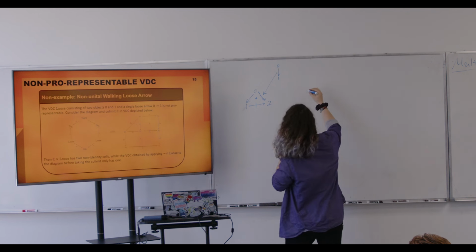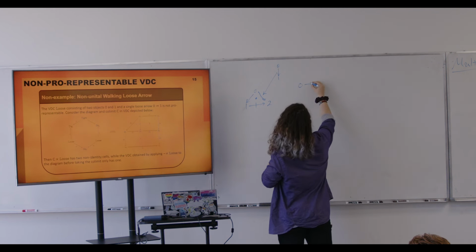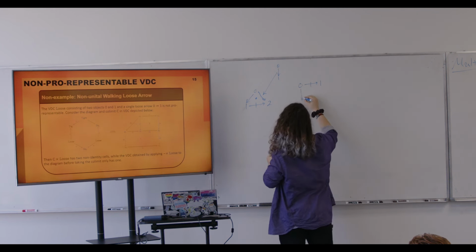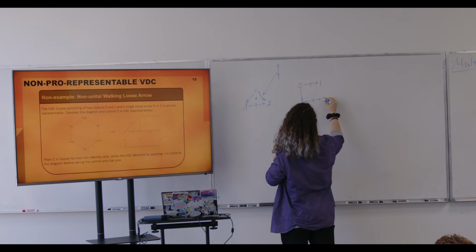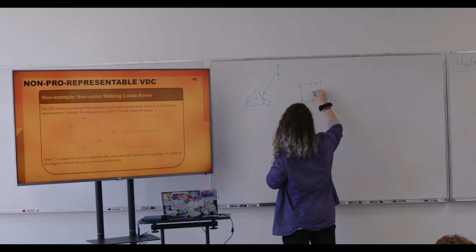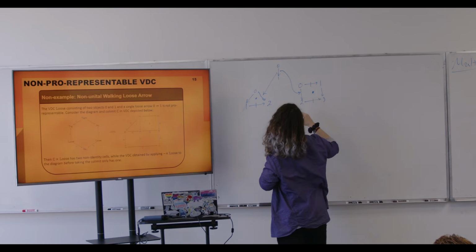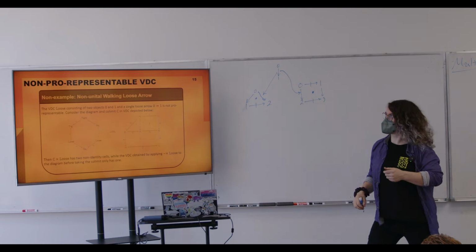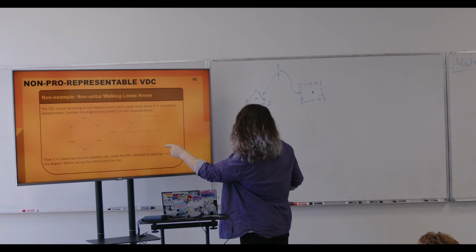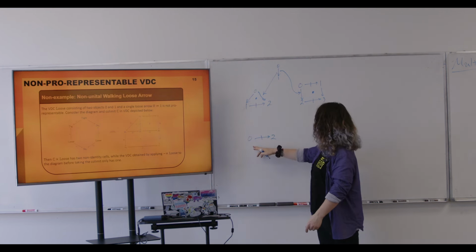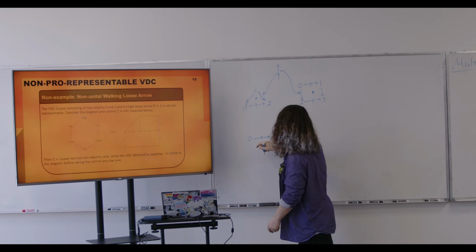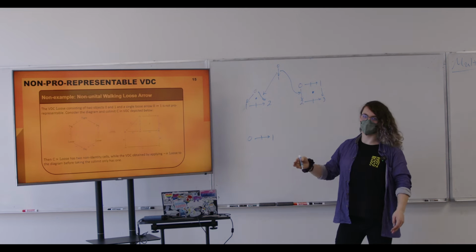Then over here we have a square. Again, all of these things we don't have any identity loose arrows. We have a cell in here. This is mapping to this edge right here. Then down here we have the same thing as in the statement, which is a thing with a single loose arrow and no identity loose arrows.